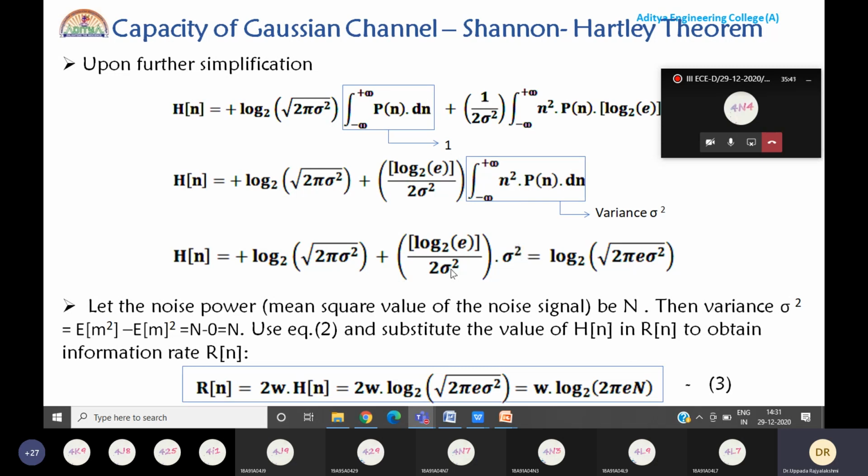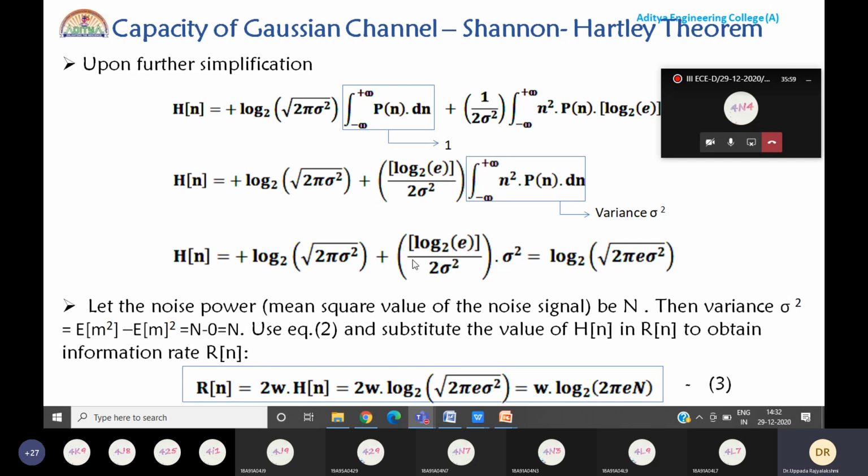So sigma square gets cancelled. Let us see the simplification. Here sigma square gets cancelled and you have 1 by 2 log e base 2.